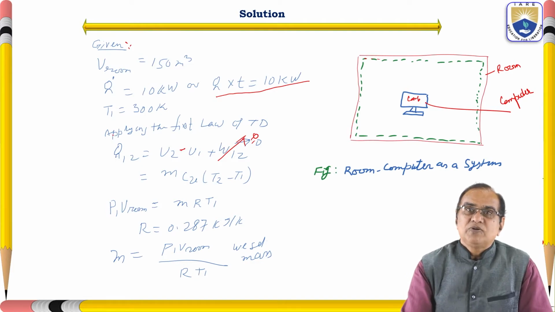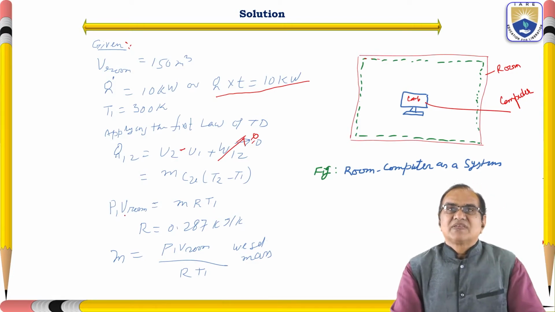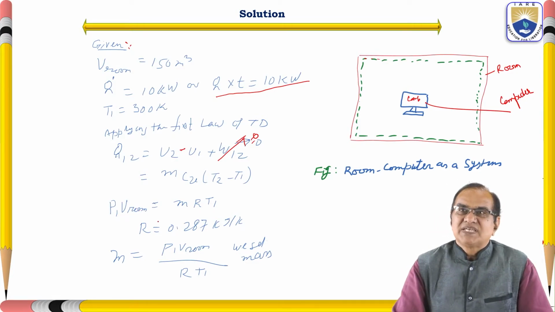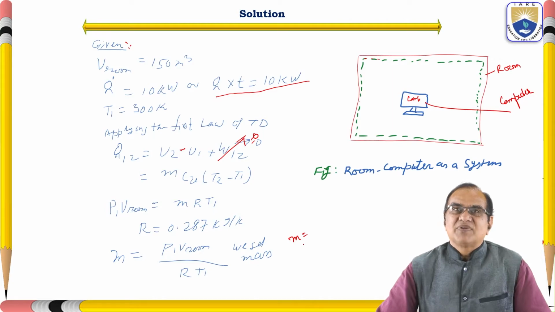T1 is 300, and from here we can get the mass of the system. T1 is given, R is given, P1 and V room are given. So we can get the mass from here.